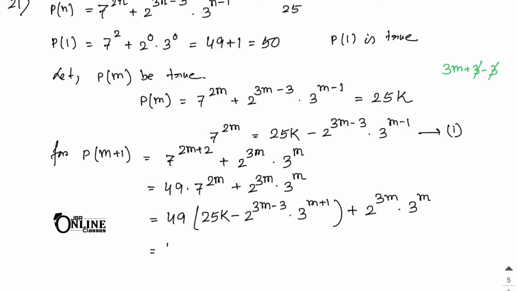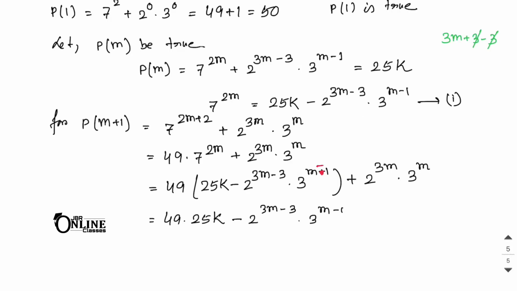So now 49 into 25k, then here 2 to the power 3m minus 3, then 3 to the power m minus 1. It's negative 1.